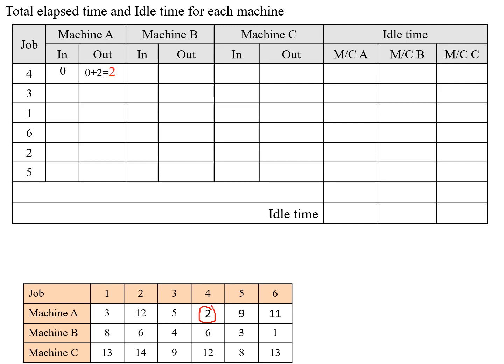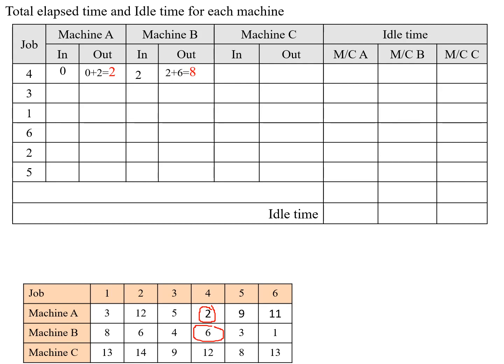Next we will move to machine B. Here the in time for machine B is 2 hours. Why? Job 4 will be moved to machine B after completing the processing on machine A. The total processing time on machine A is 2 hours, so after 2 hours only it will move to machine B. So the out time is in time plus processing time, that is 2 plus 6, which is 8.